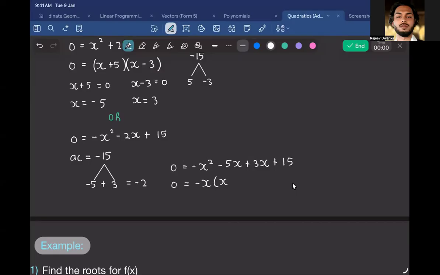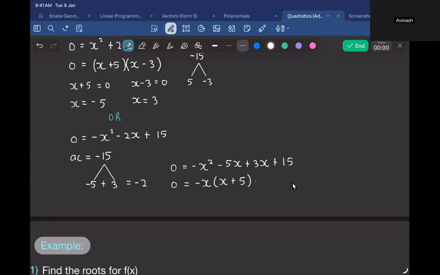If I pull out the negative x from negative 5x, what am I going to write on the inside? 5. I'm going to write plus 5, because negative 1 times 5 is negative 5, and I'll add on the x, negative 5x, if I were to multiply it back out.